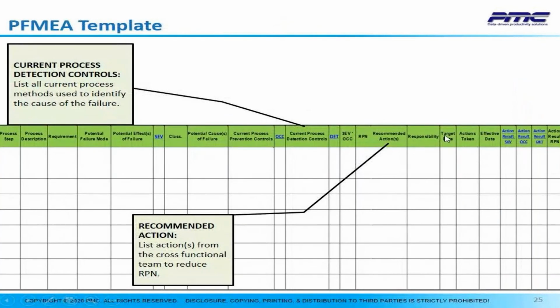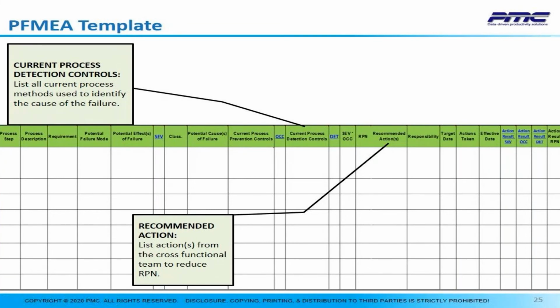There are more steps here that I didn't talk about in DFMEA. The next ones: we definitely need to place a responsibility. This is not an organization. Here you have to provide a name, a target date, and the actions taken as per the recommended actions, and the effective date.